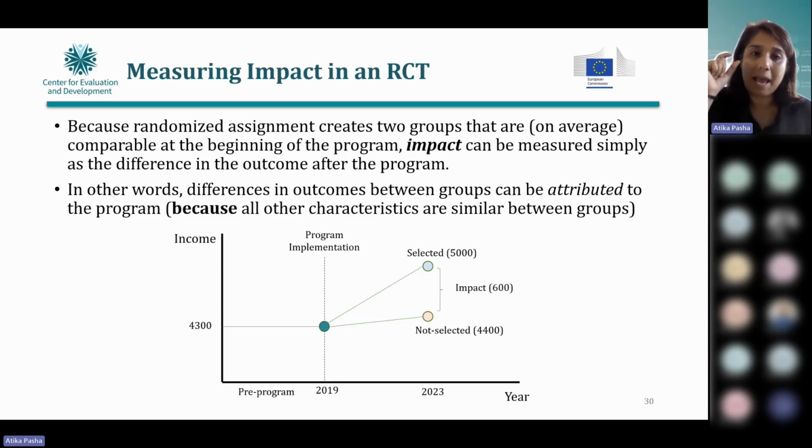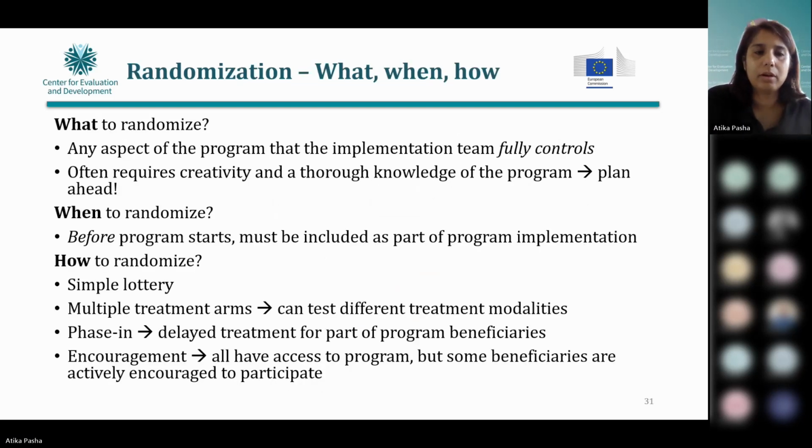And therefore, the impact that we observe at the end of the program, this 600 units increase in income, is clearly a result of the program itself, because all of the characteristics that we observe in the groups were similar. So it's only the program that led to a change in their income.